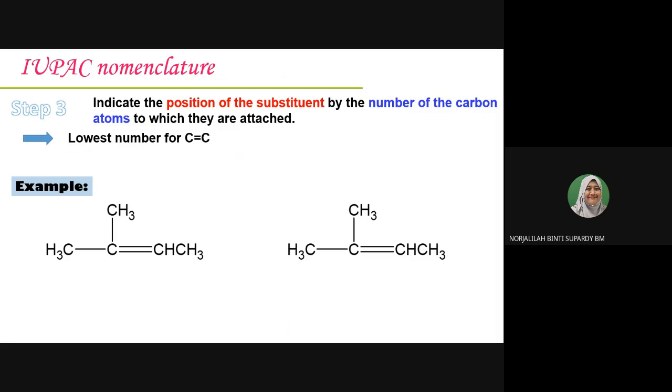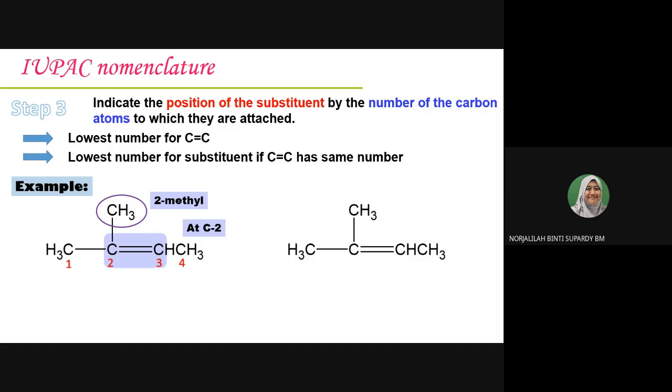The lowest number of the carbon-carbon double bond is at carbon number 2 or 3, depending on how you numbered the carbon atoms. But which one is the correct one? The carbon-carbon double bond has the same number either way. From the left side, the carbon double bond is at carbon number 2 with the substituent methyl.